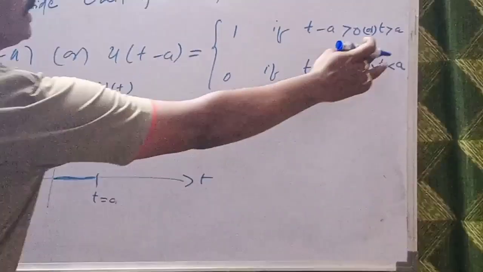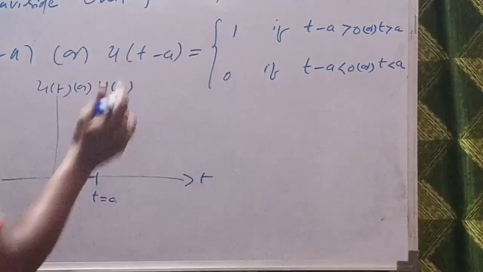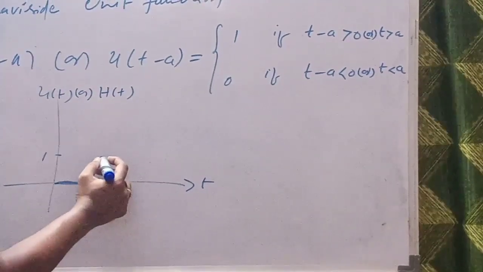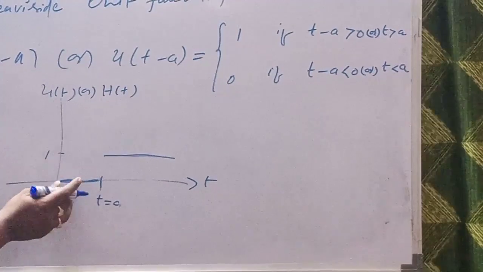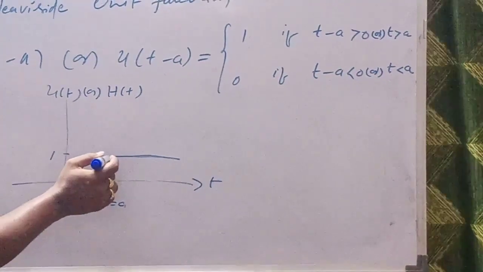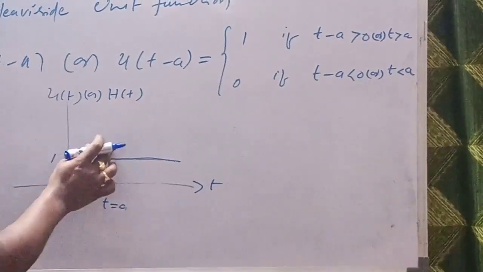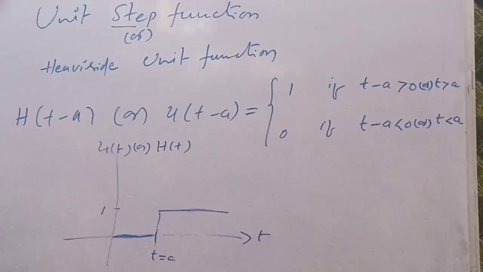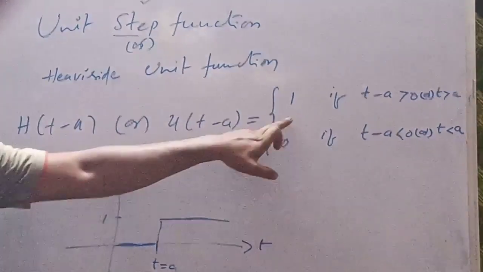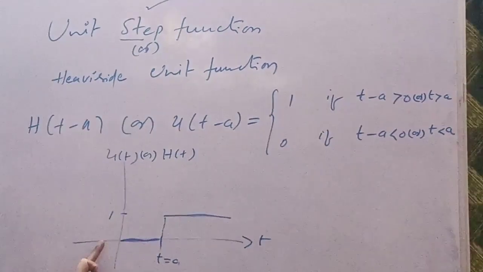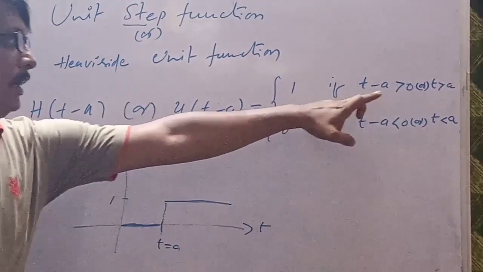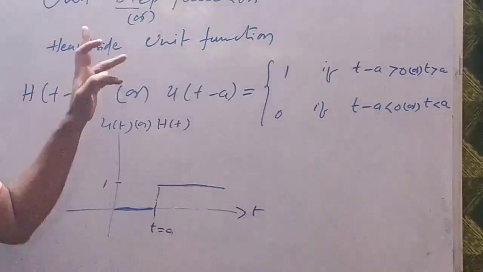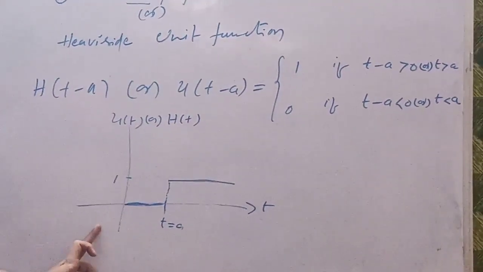When t is greater than a, its value is 1. Observe, it is a stepping, so it is called a step function, defined by unit. So t greater than a, its value is 1; t less than a, its value is 0. This function is the step function.